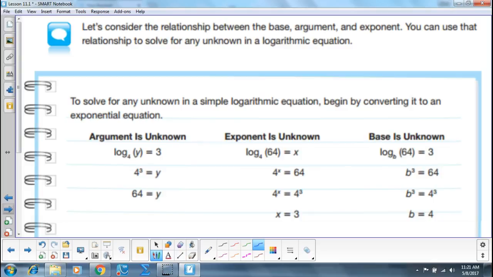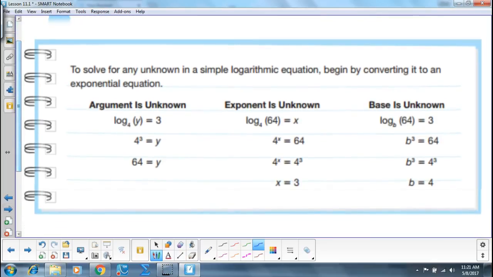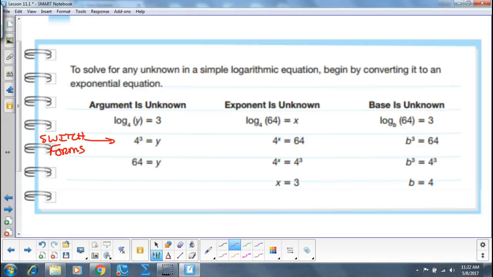So, if the argument is unknown, or the answer, quote unquote, is unknown, then you just switch forms. When you switch forms, it is solvable.